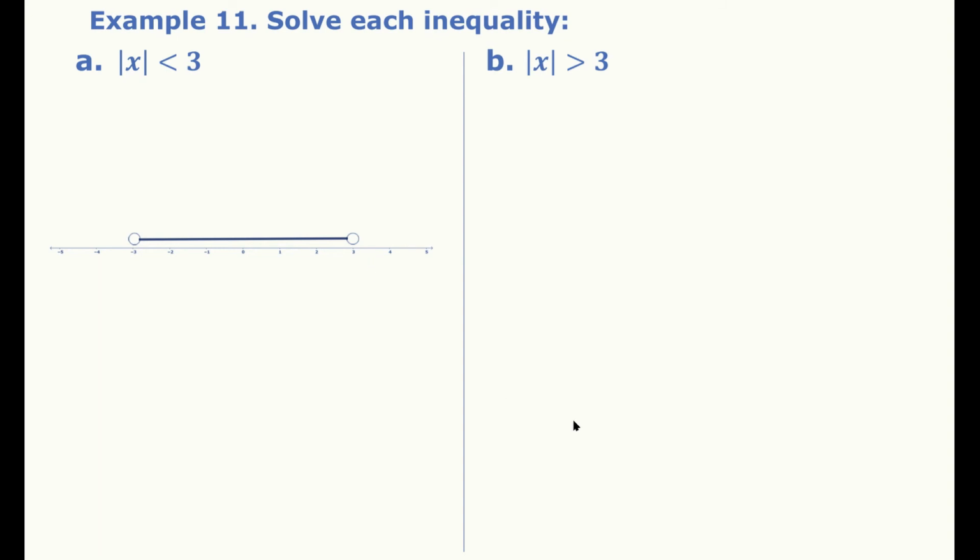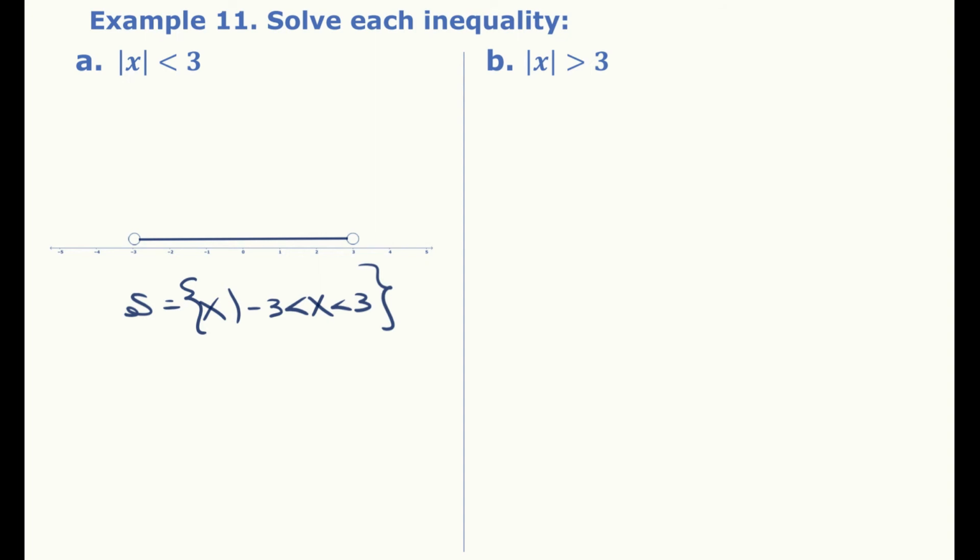Now that we've done that, notice it's very easy to write the solution set down, because we know that the solution set is going to be, in set builder notation first, all x belonging to R such that -3 is less than x is less than 3.